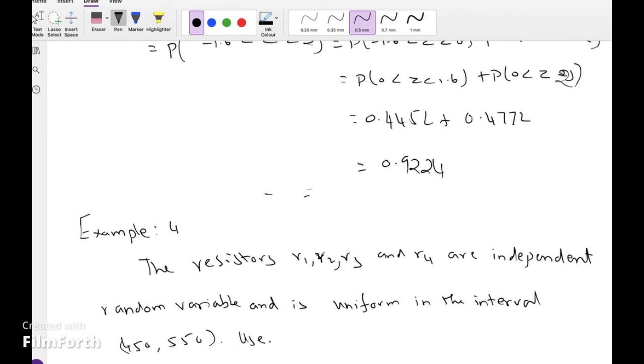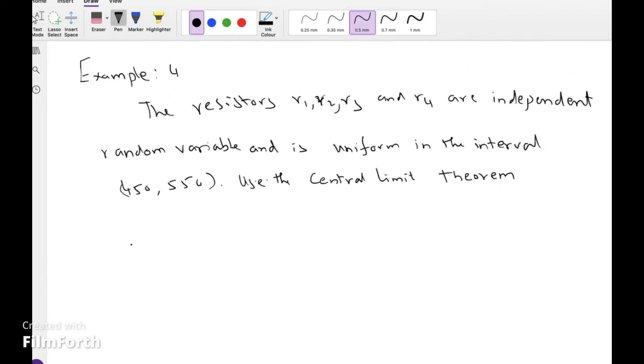Using the central limit theorem, find the probability of 1900 less than or equal to R1 plus R2 plus R3 plus R4 less than or equal to 2100. Find the probability of this one.